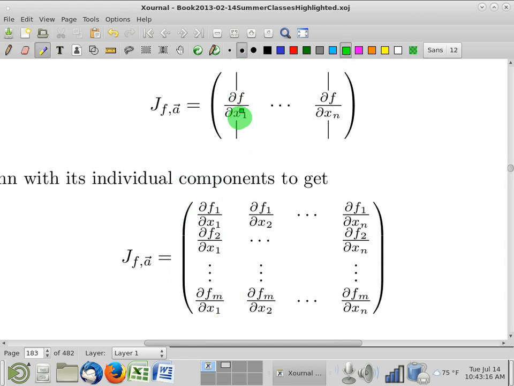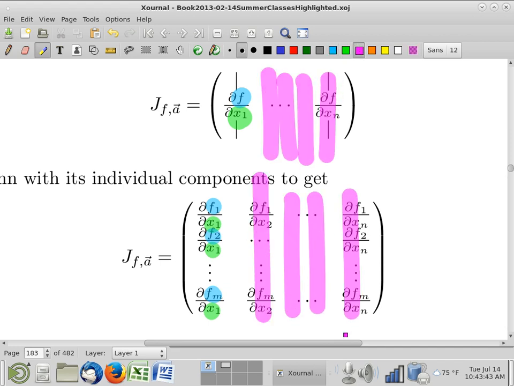So, x1, you'll notice I'm taking the x1 partials here, and now it's all of the various different components of f. So f is going to have components f1, f2, f3, etc., through fm. So that's one column at a time, and it's the same thing for the other columns.